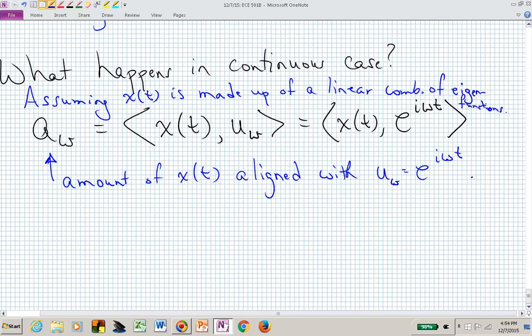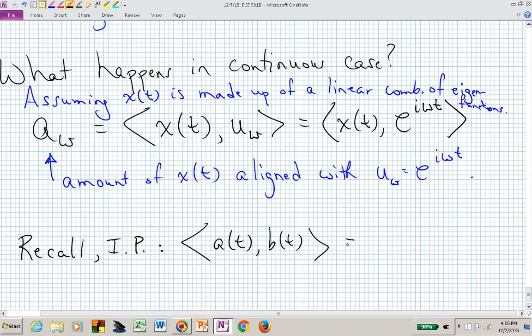We've fixed omega. Let's recall how we can define an inner product. Meaning if I have two functions, a of t and b of t, maybe a of t is a bad choice, but we could now say that it's this integral from minus infinity to infinity of the first slot function and the complex conjugate of the second slot function.